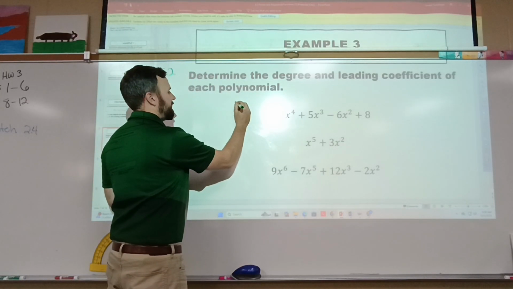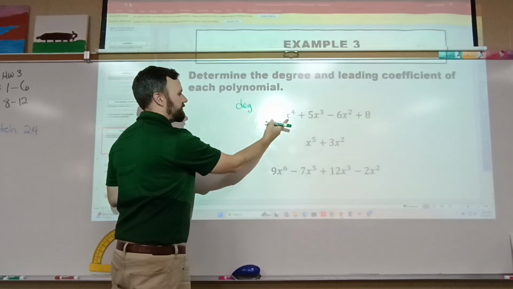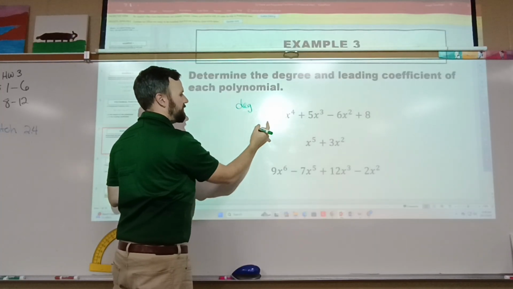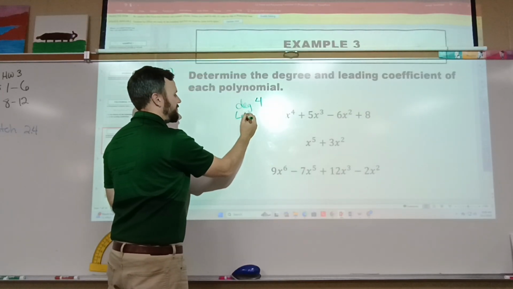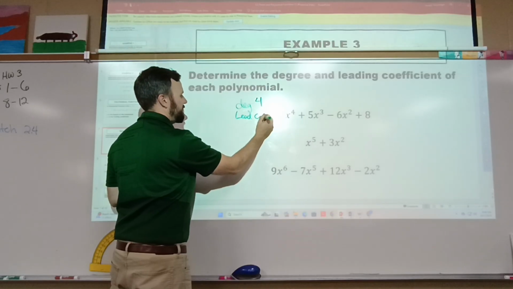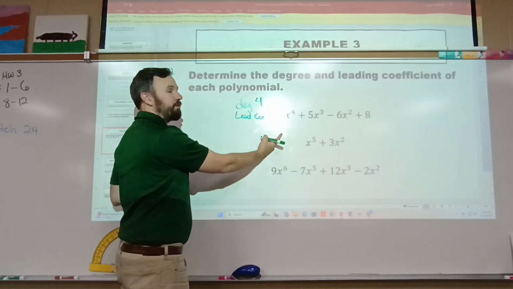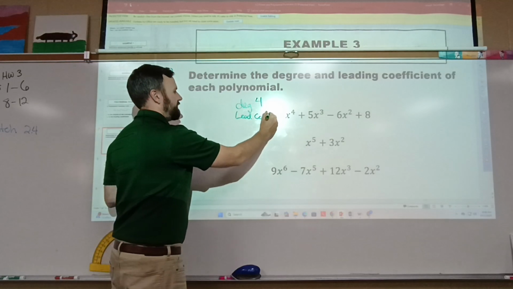What's my degree of this beast? What's my highest power? 4. My degree is 4. My leading coefficient. What's my number in front of the x to the 4th? 3.